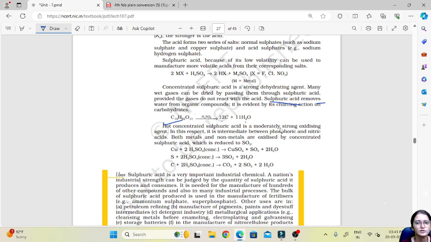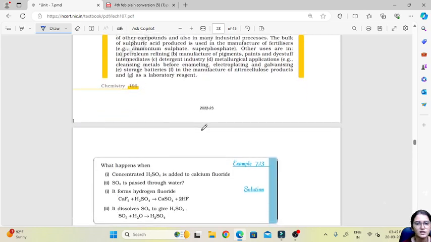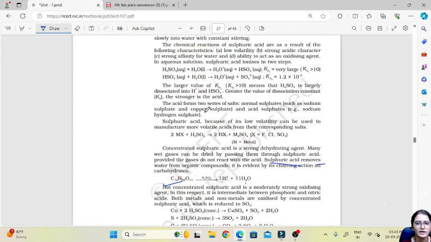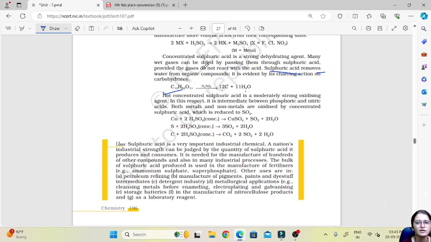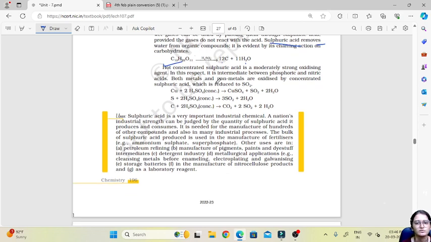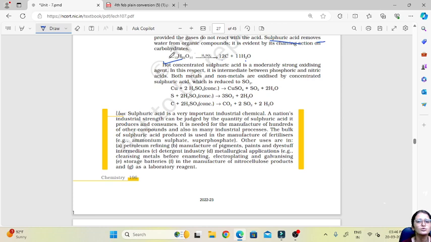Sulfuric acid has low volatility. It's a dehydrating agent, and many wet gases can be dried through sulfuric acid. It removes water from organic compounds. So this is sucrose. Sucrose, when treated with sulfuric acid, gives carbon and water.